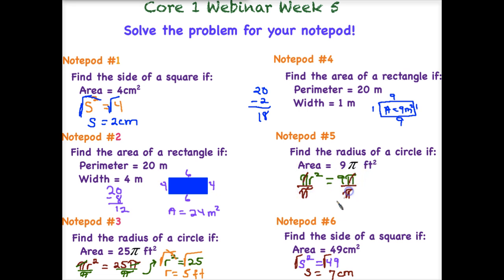They both cancel out, and so you end up with r squared equals 9. And in order to undo the squared, you took the square root. Those cancel, and r equals 3. 3 feet. Michaela, you are good. Very nice. Way to go.